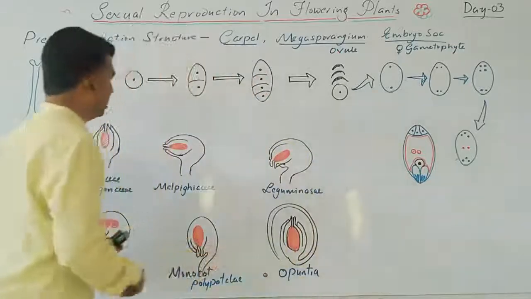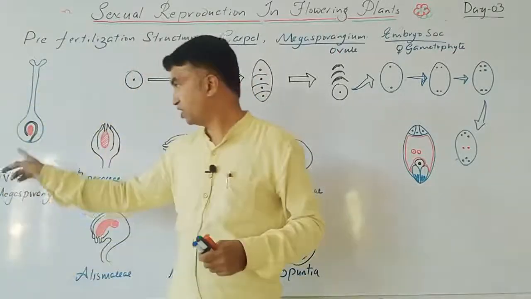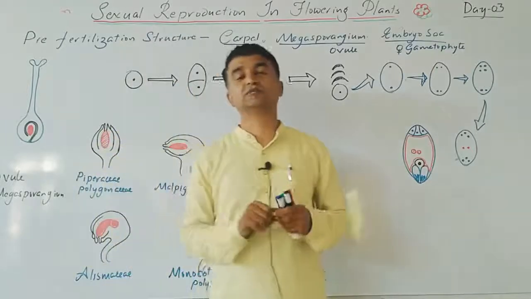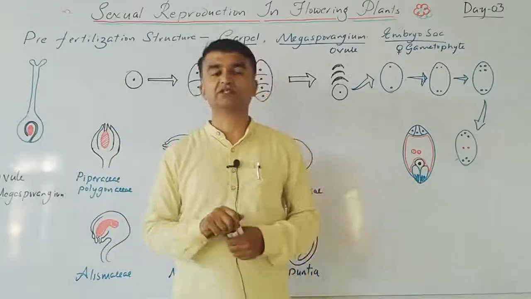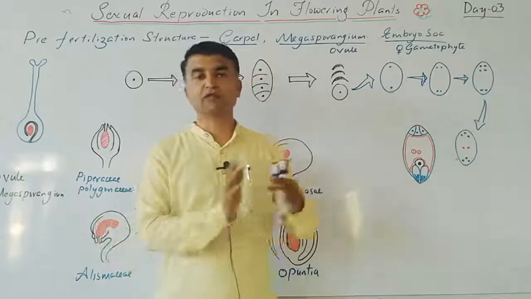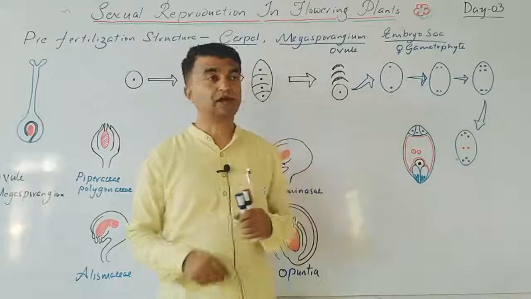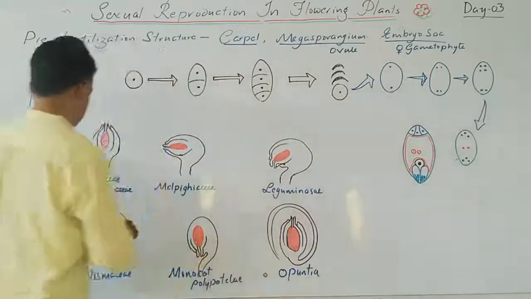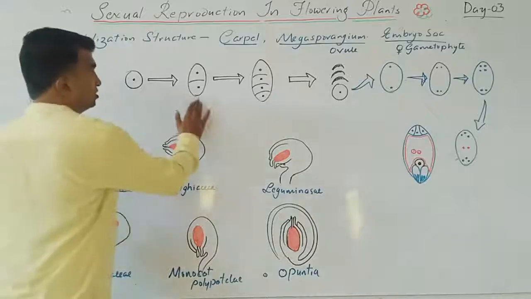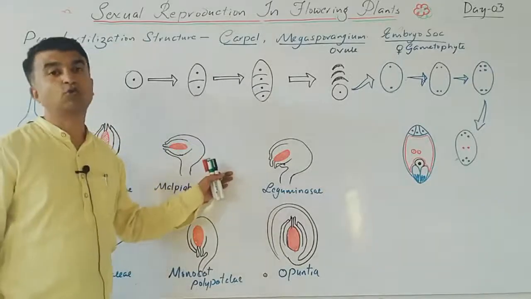Now, how does this megasporangium develop? Here also, the same archesporial cells are there. That archesporial cell divides to produce the primary parietal cell and the primary sporogenous cell. The primary parietal cell divides and produces the outer integument layers. The sporogenous cell produces the megaspore mother cell.